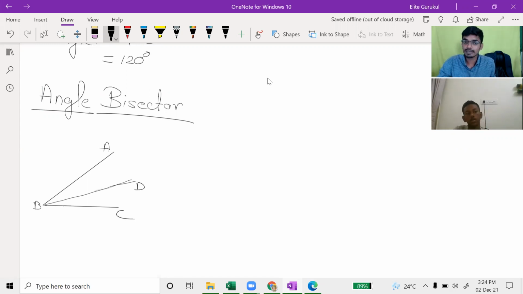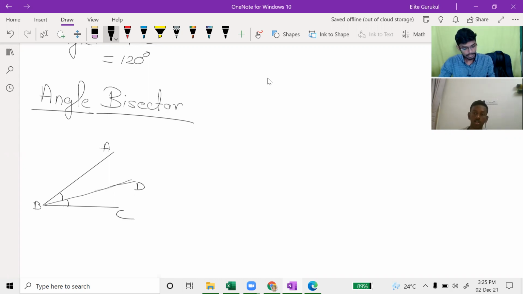When an angle bisector is drawn through an angle, at that time the angle bisector divides the angle into two equal angles. What does an angle bisector do? It divides an angle into two equal parts.